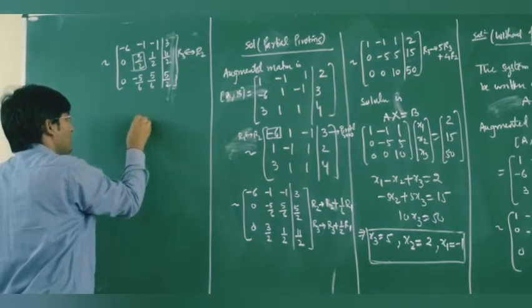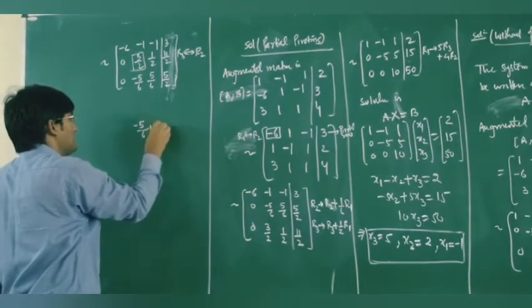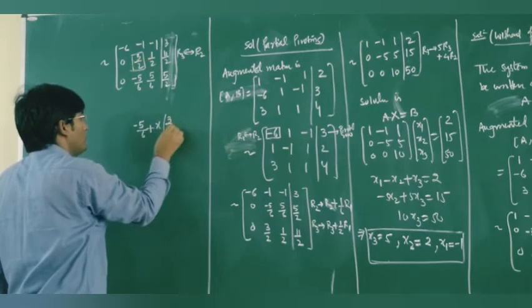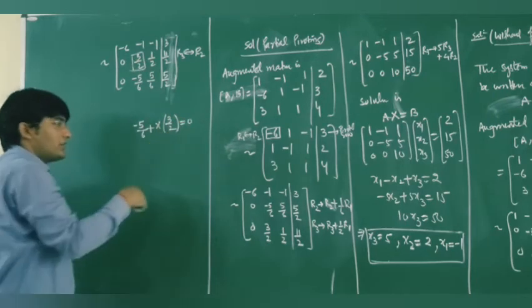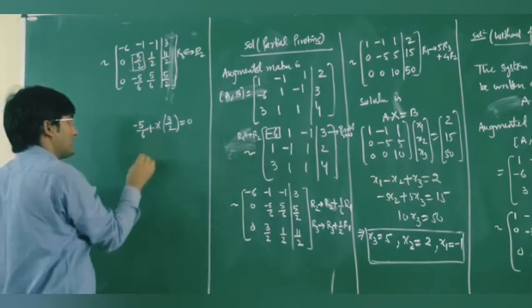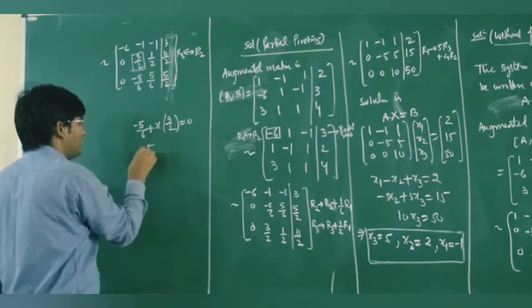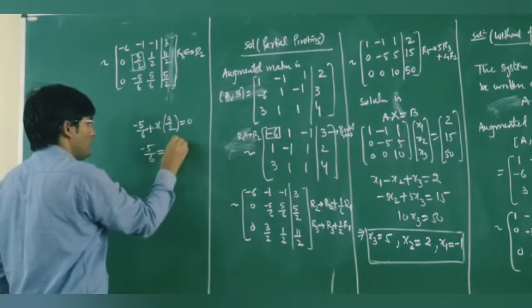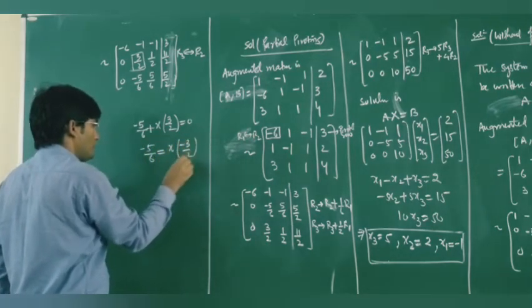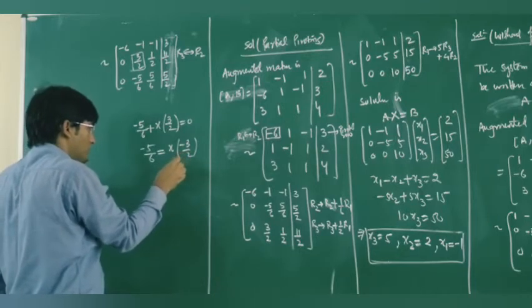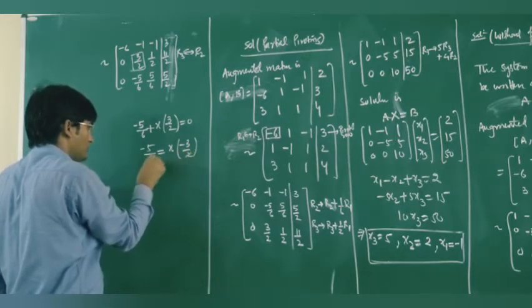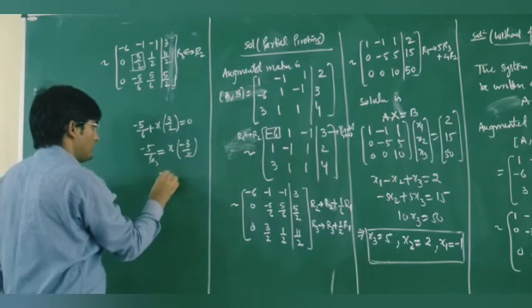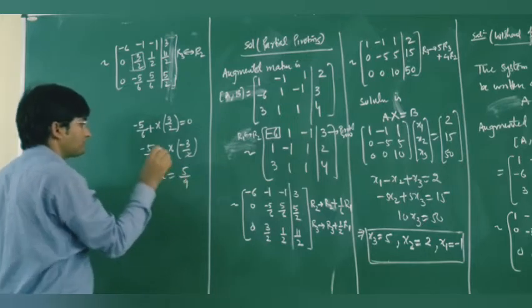That means minus 5 by 6 plus x into this 3 by 2 has to be 0. So let us find out the value of this multiplier x. So you can see that this is minus 5 by 6 equal to minus x into 3 by 2. Now this will be equal to, so this is your 3. So your x will be 5 upon 9.